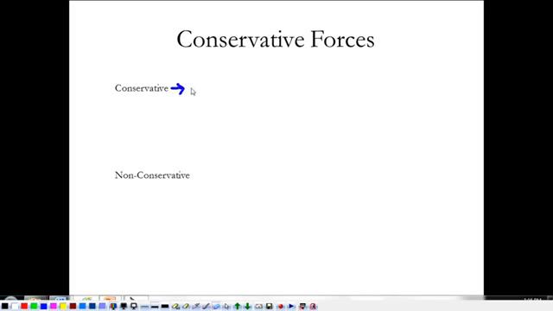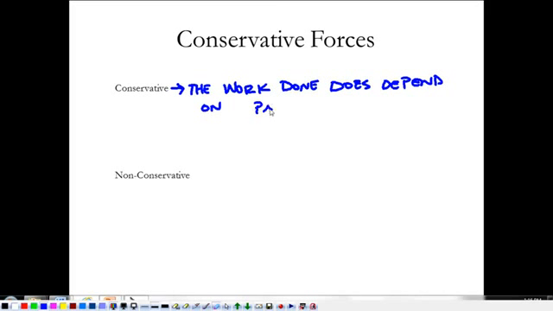Conservative force, our horrible definition in most books, is: the work done by a conservative force does not depend on the path taken. Here's the deal.